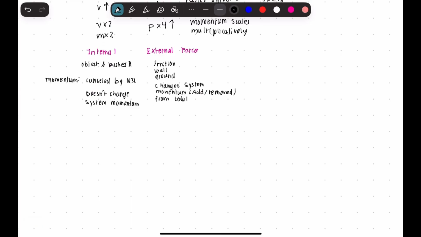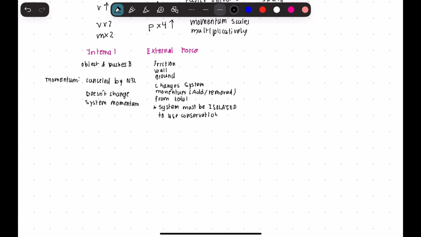And remember that the system must be isolated in order to use the conservation principle.